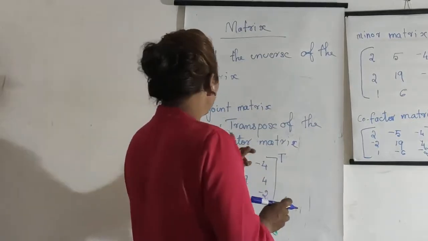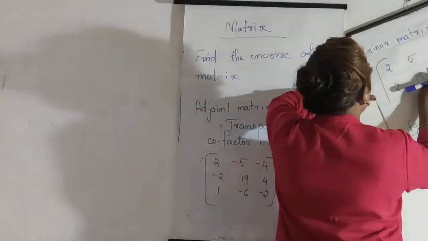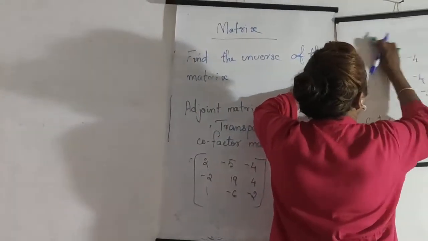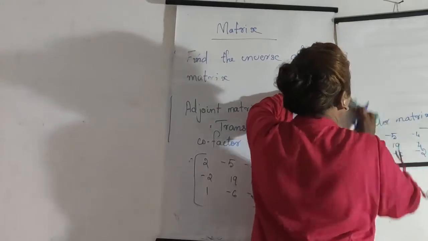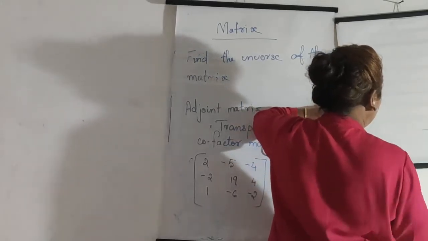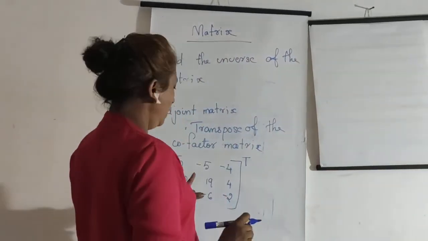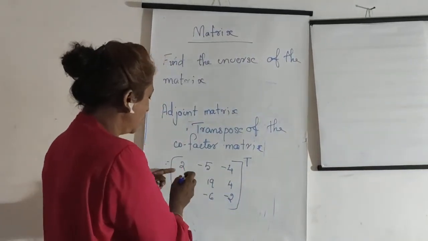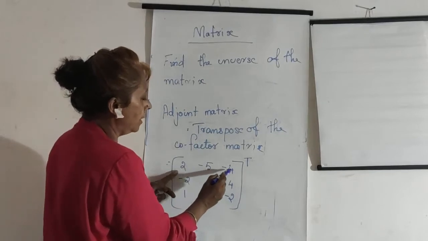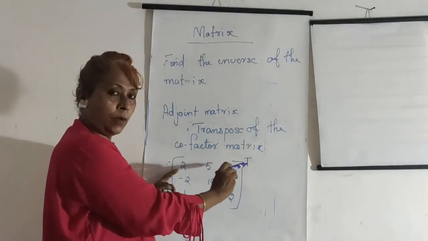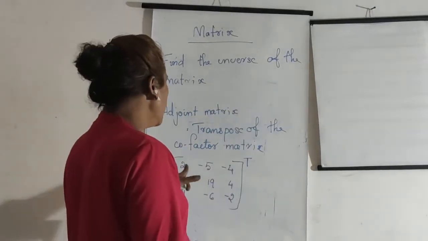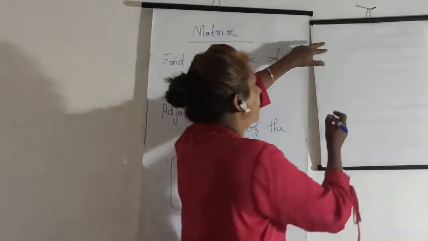Then the adjoint matrix we are going to get is this. I am going to take the transpose: 2, negative 5, negative 4 is the row here, and I am going to interchange it as the column.